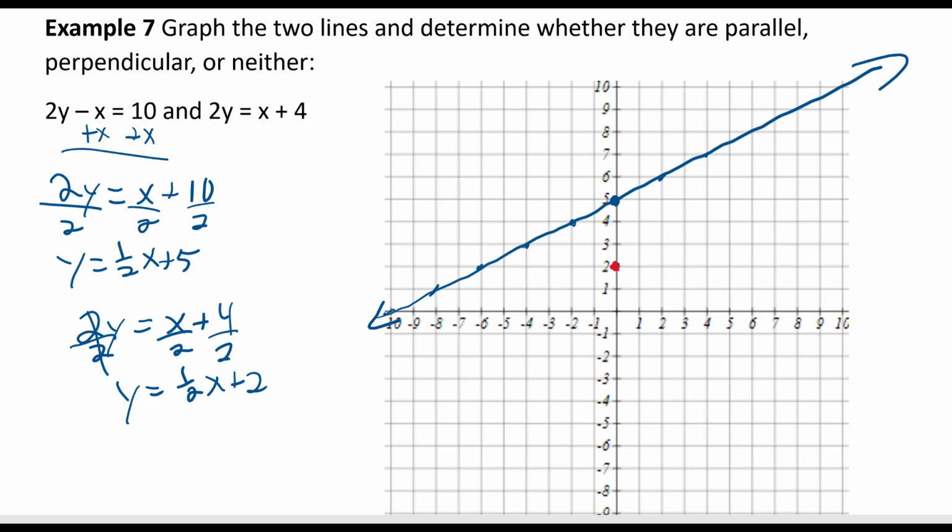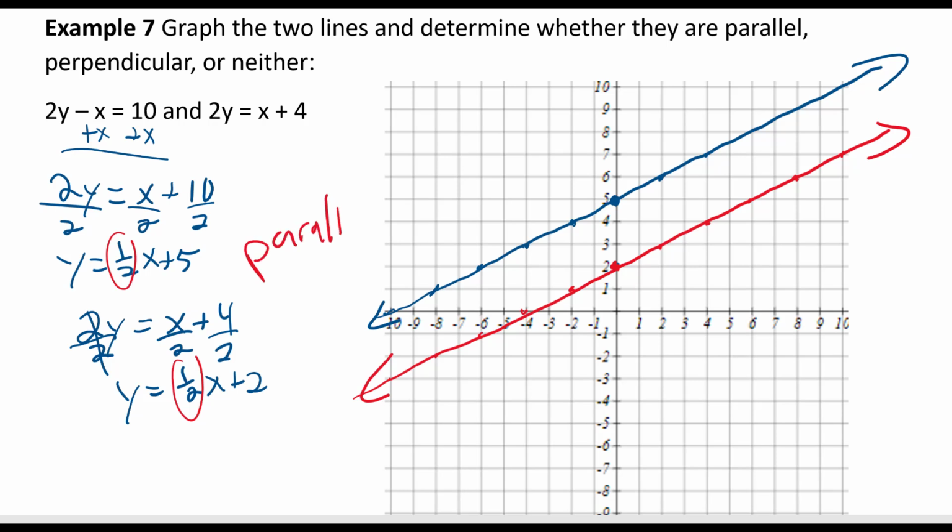Our slope is 1/2, so up 1 to the right 2, or down 1 to the left 2. We get this line here. While my drawing may not be perfect, I think we get the impression that these are parallel lines, and by looking at the slopes as well, 1/2 and 1/2, these are parallel lines.